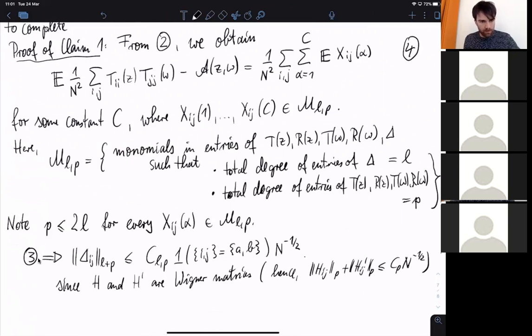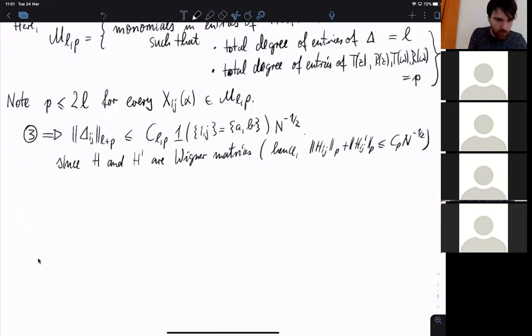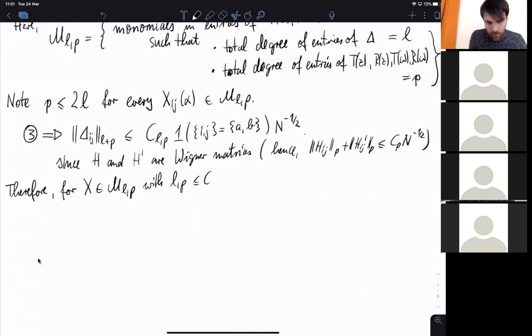And now with this, in claim 2, we can estimate the x's. Therefore, if I take an x in LP, where L and P are bounded, then we get the following. I can estimate this expectation with Hölder, so that's now a product.